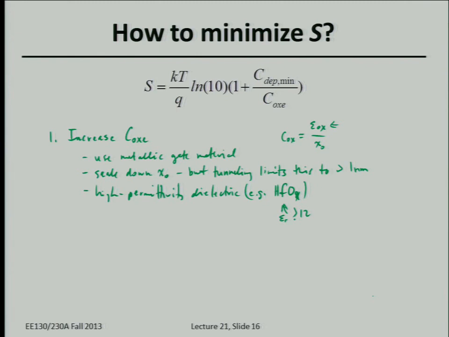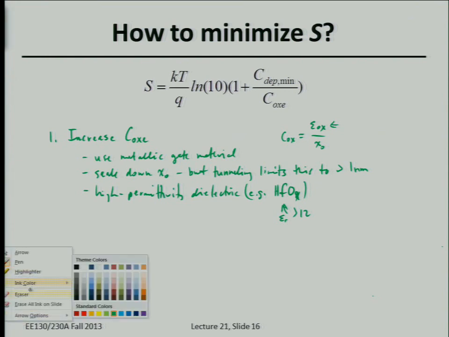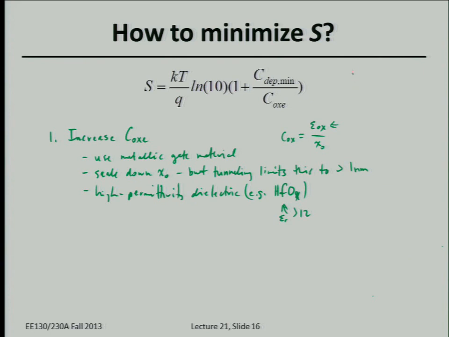Okay, so Intel was the first to use what they call high K metal gate technology.